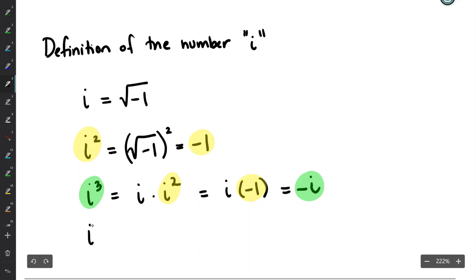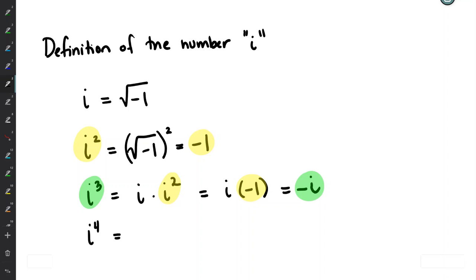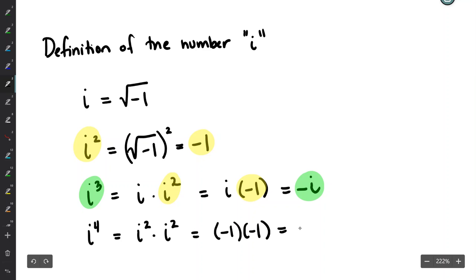And i to the fourth, we can write it a variety of ways. We could say that that's i times i cubed, or we can just say it's i squared times i squared. It's a minus 1 times a minus 1. It's positive 1.